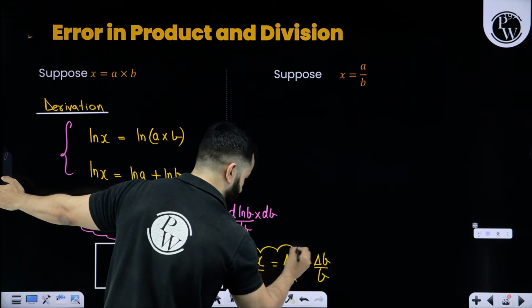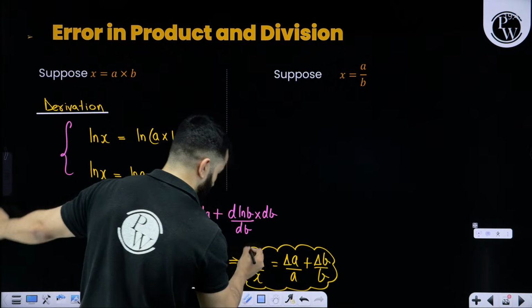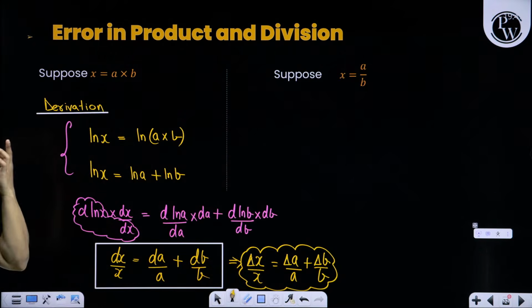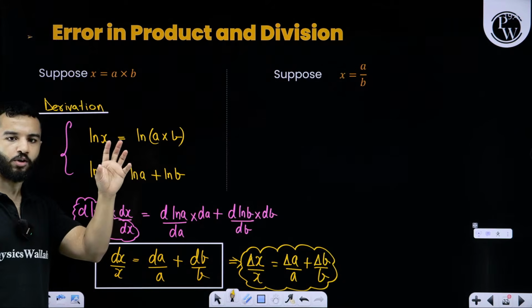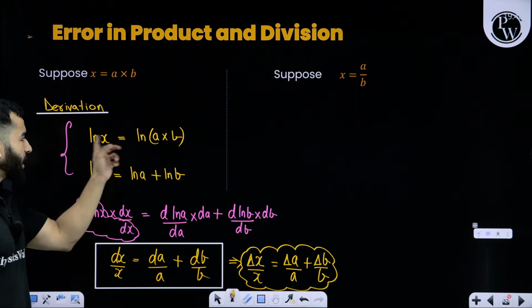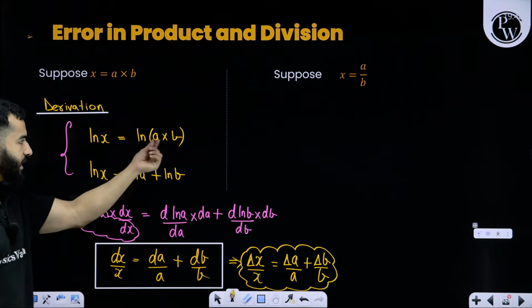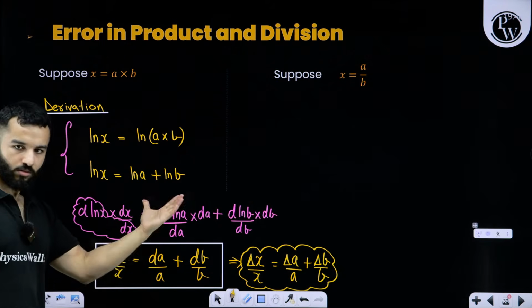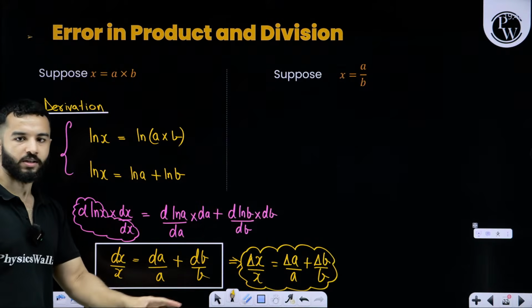So this is how we come to this conclusion. Anytime you have a new formula or a new expression, kindly remember you need to write down natural log on both sides, then split it and find the answer using this method.